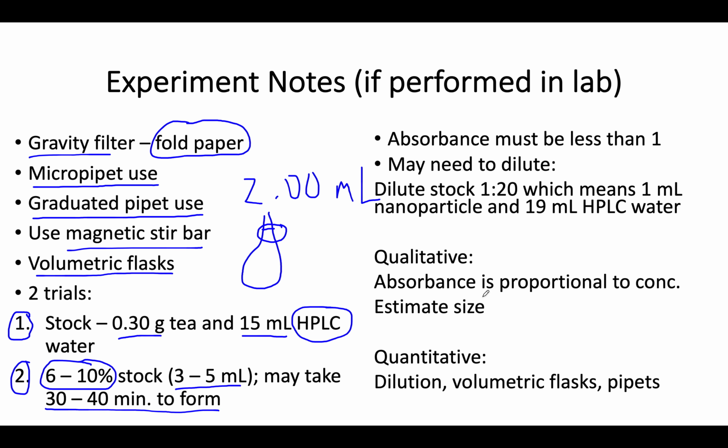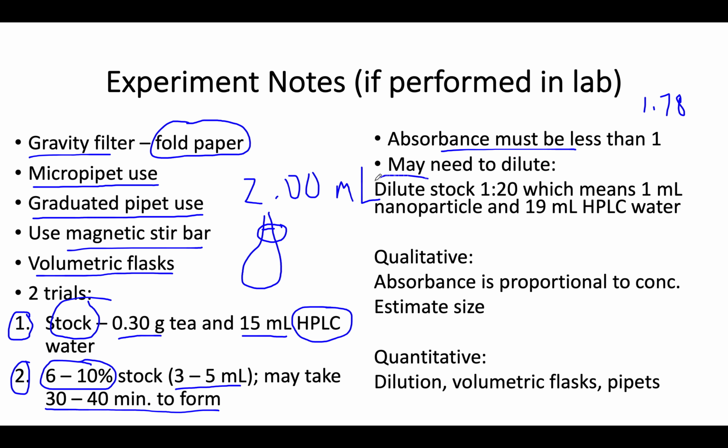Other things you're going to do, if you would do this in lab, you'd have to be able to recognize the absorbance needs to be less than 1, so you have to keep track of dilution. The first stock solution is usually very strong, so you might get absorbances of 1.78, really high.